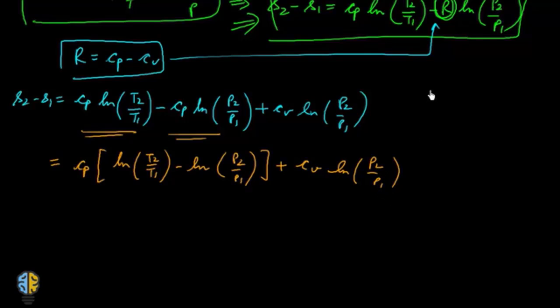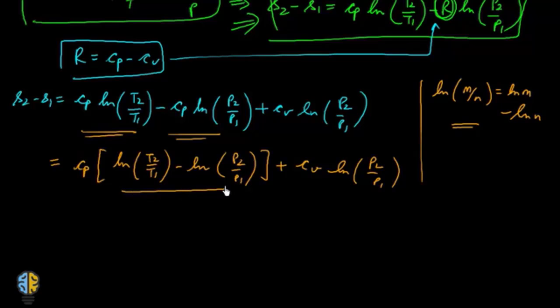Now, a very basic log property, if you remember, is log m upon n equal to log m minus log n. So let's use this property in this particular expression.